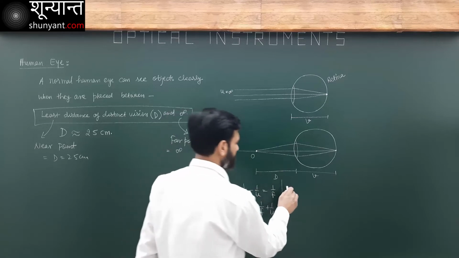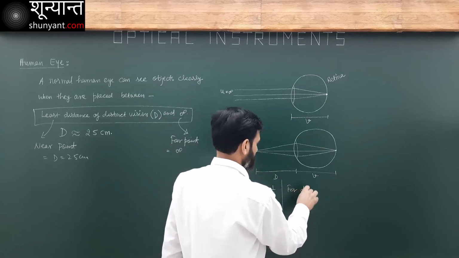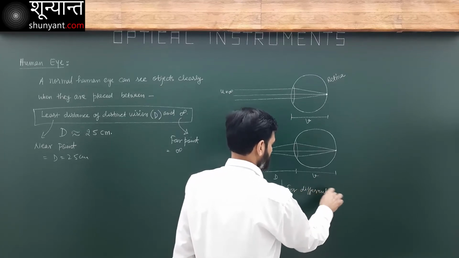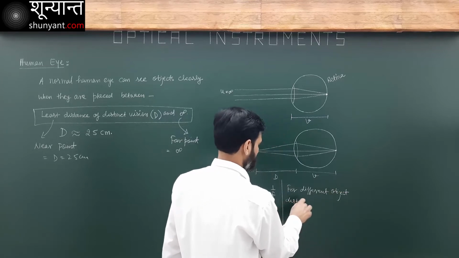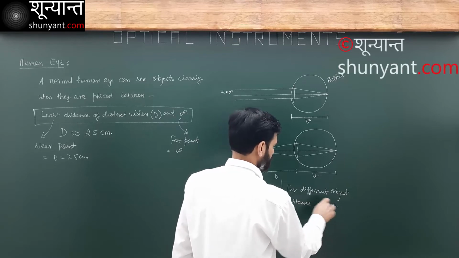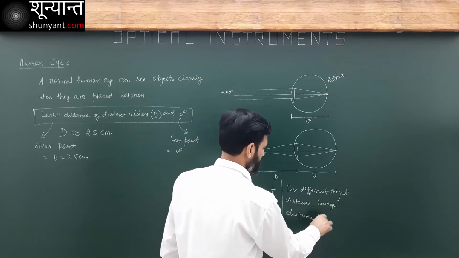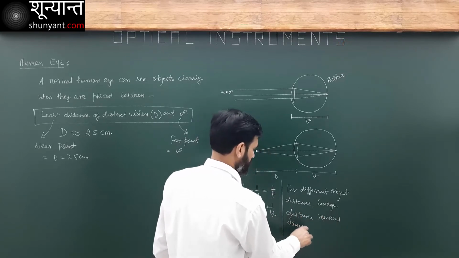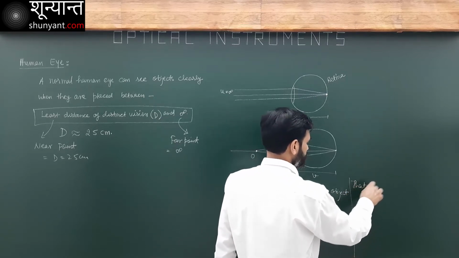Let me write it here. For different object distances, the image distance remains the same.